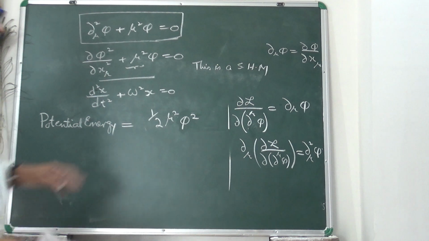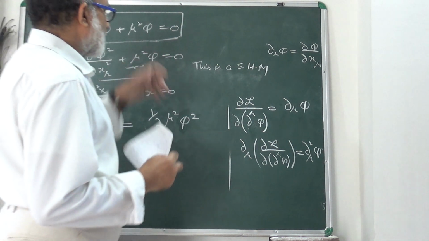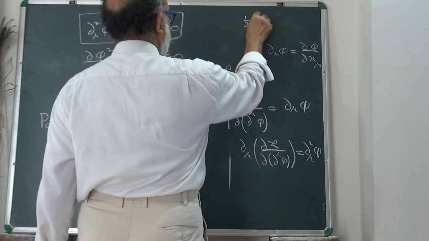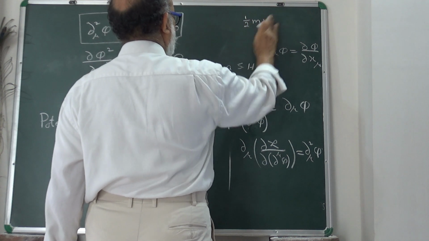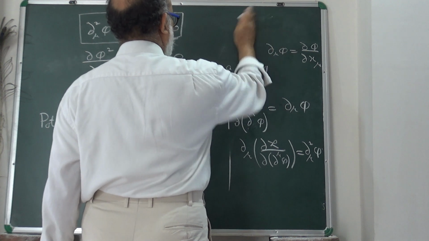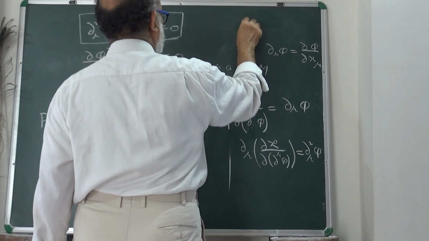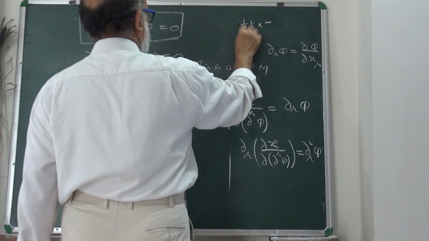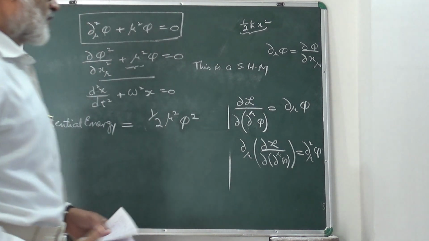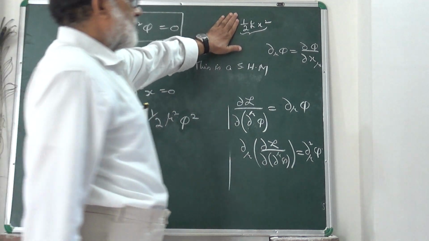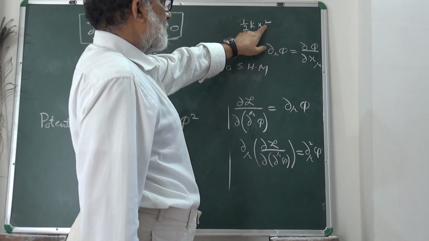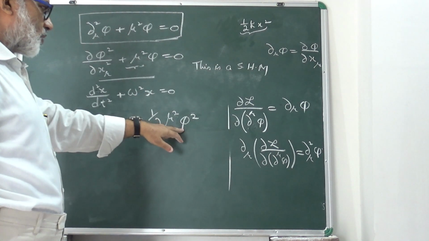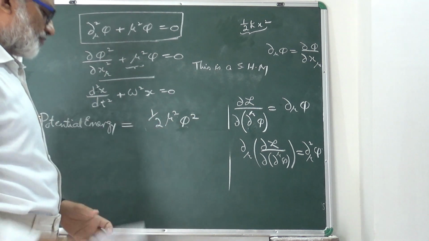Just like in the spring case, we found that the potential energy was half kx square, where k is the spring constant. It means the potential energy in that spring varies as the square of the position. Here also the potential energy for the field varies as the square of the field values.